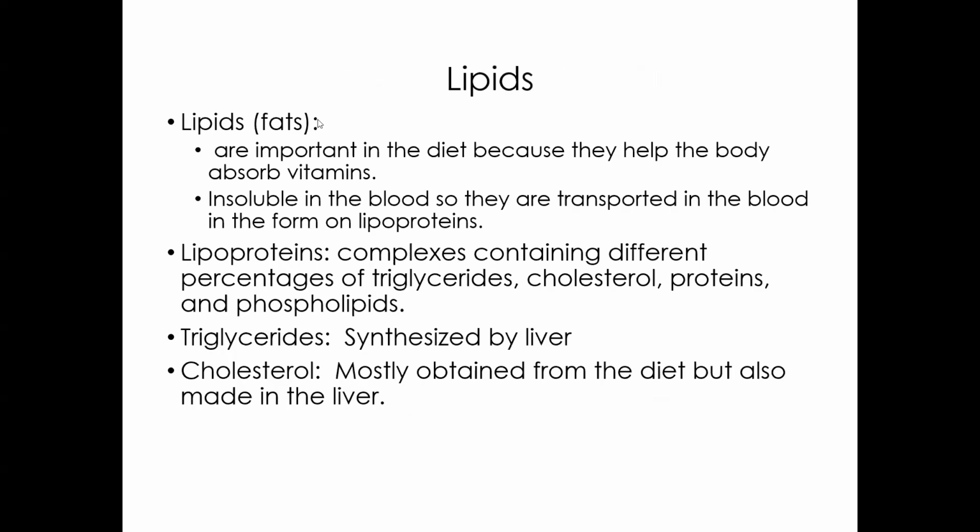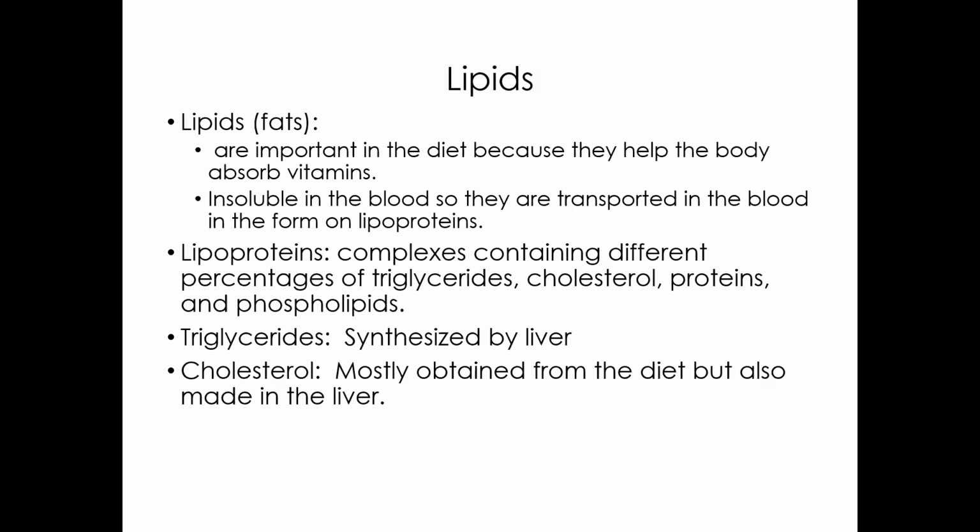So lipids or fats are important in the diet because they help the body absorb fat soluble vitamins. Lipids are insoluble in the blood, so they are transported in the blood in the form of lipoproteins. Lipoproteins are complexes containing different percentages of cholesterol, triglycerides, proteins, and phospholipids. So it's those different variations and levels that are where the concern comes from.